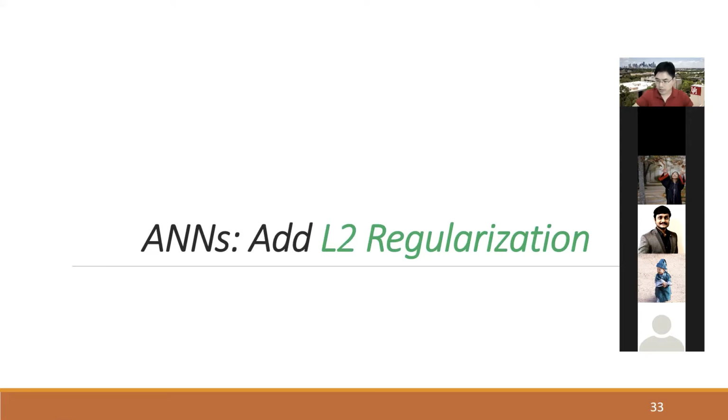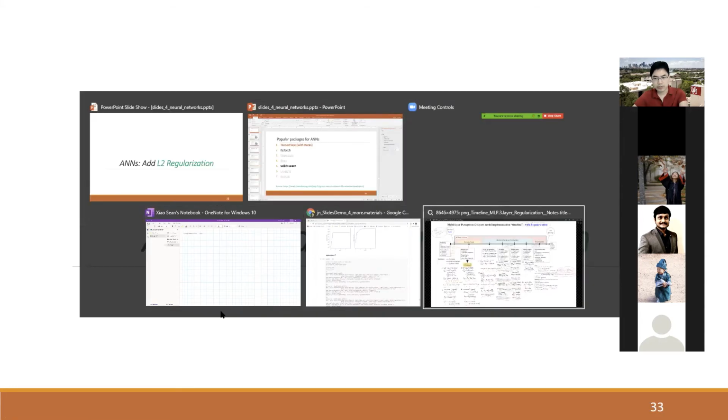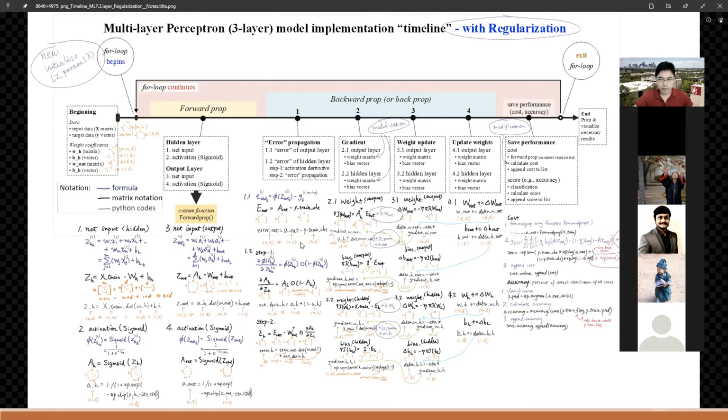Adding regularization to the prototype version of the neural network. As with the logistic regression, it's not a big change. I'm going to share my screen of the cheat sheet with you so that it becomes quite clear the scale of the change is minimal.